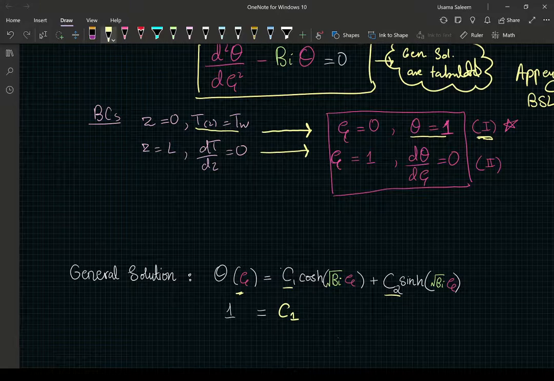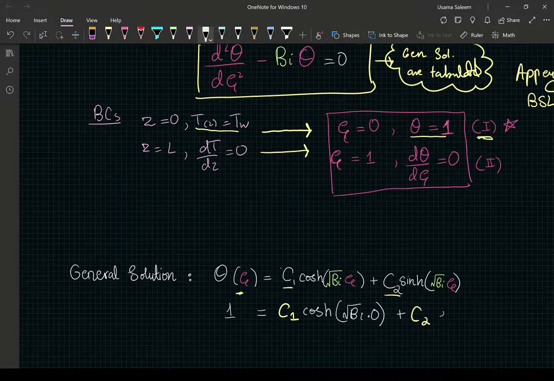C1 cosh, hyperbolic cosine, square root of the Bo number times 0, plus C2 sinh, hyperbolic sine, whatever notation, whatever terminology you use. Basically you're taking the cosh of 0 and the sinh of 0.